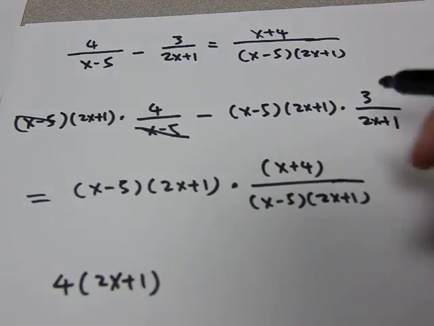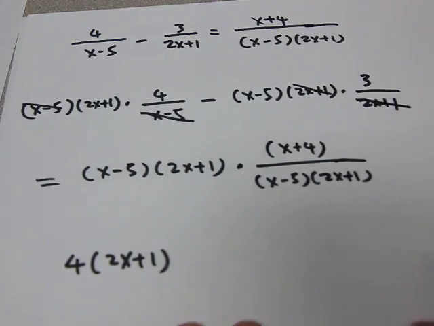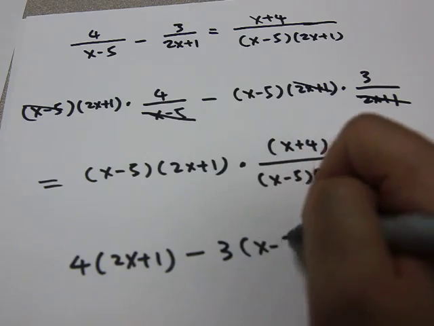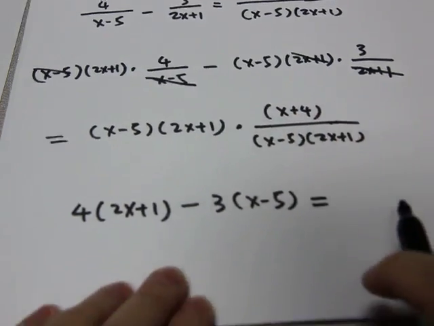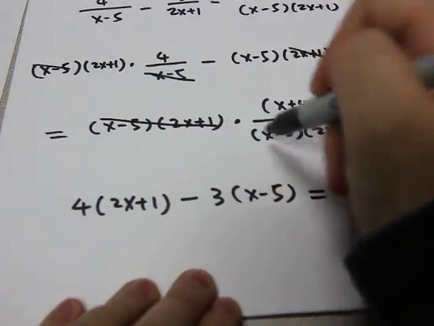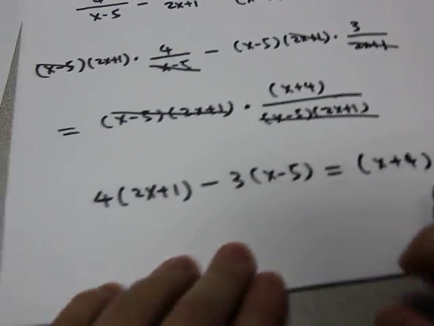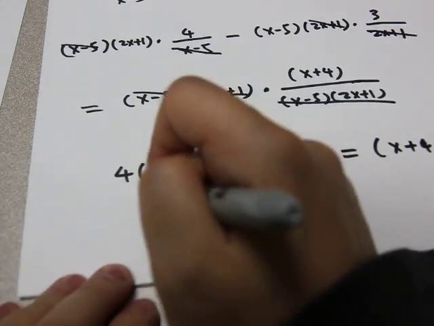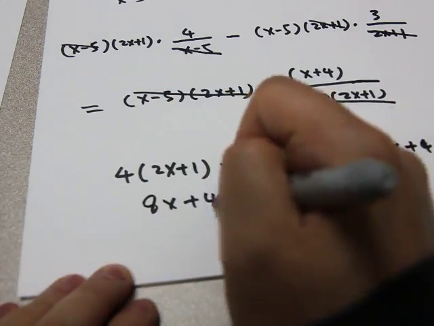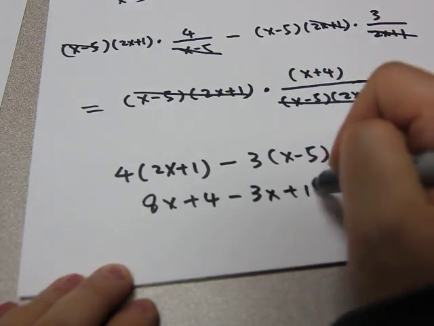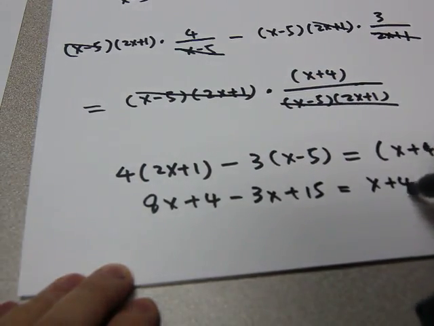And over here, 2x plus 1 and 2x plus 1 are cancelled. So we have minus 3 times x minus 5. Now equals, so these two are cancelled. So I have x plus 4. So the equation becomes 8x plus 4 minus 3x plus 15 equals x plus 4.